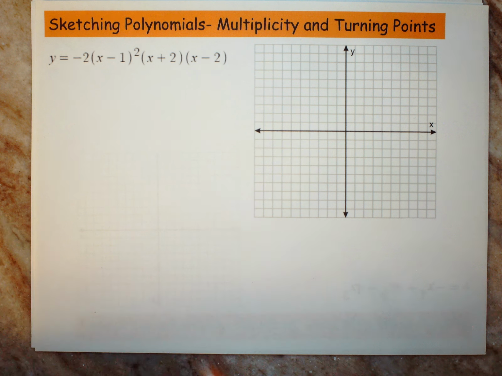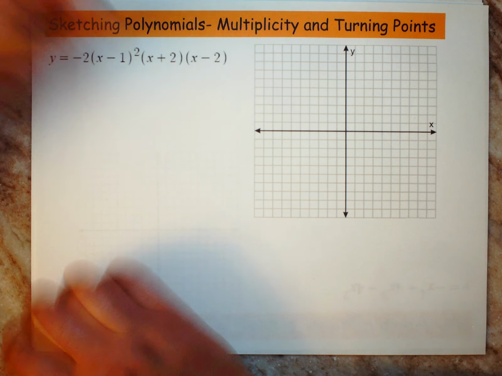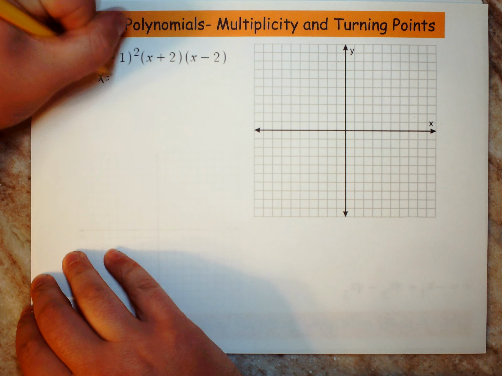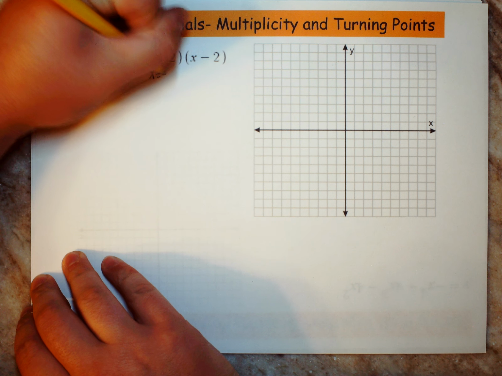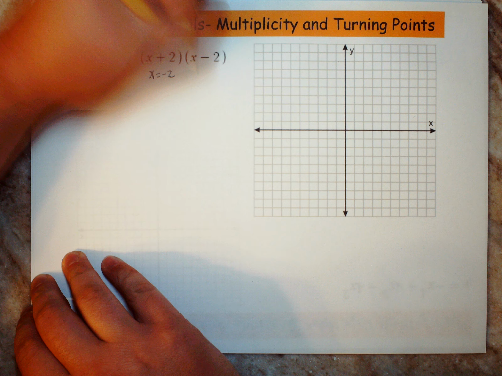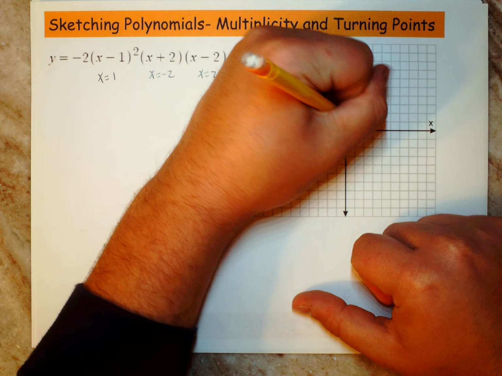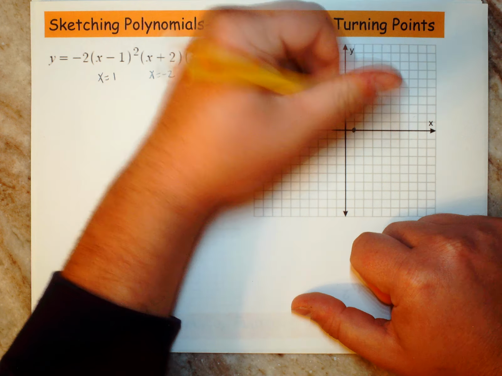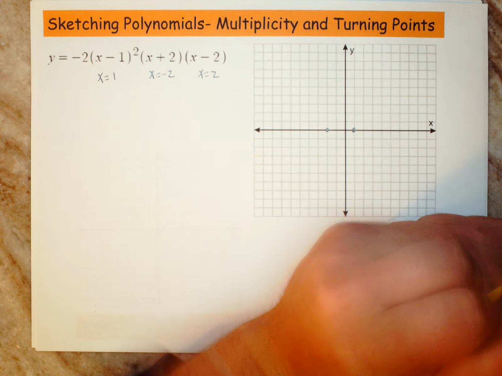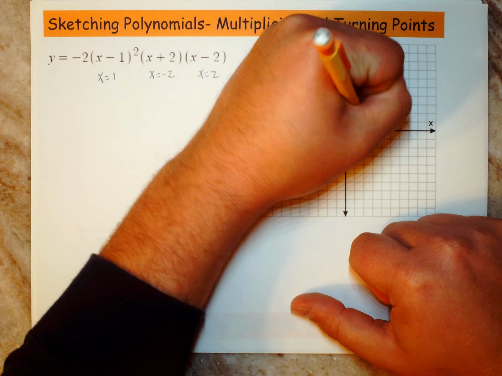All right, next one here. We're going to figure out our zeros, our x-intercepts. So this is going to be x equals 1, x equals negative 2, and x equals 2. So I'm going to put little dots at 1, at negative 2, and at 2.